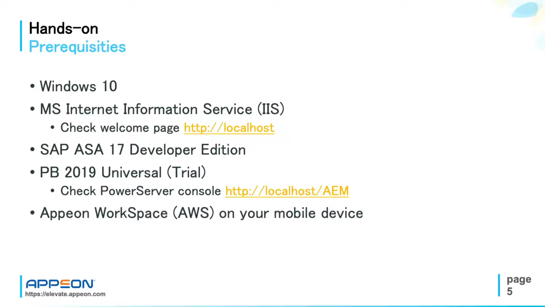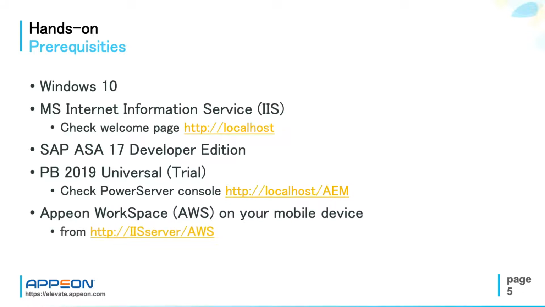And as far as the native deployment is concerned, we need the Appeon Workspace, a native app on your physical mobile device. Through this native app, we will be testing the actual PowerBuilder application when it is converted in turn to a mobile app as well.